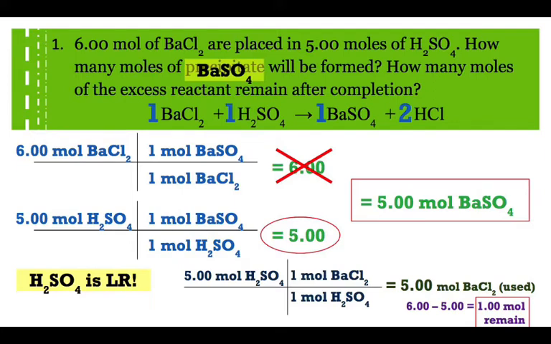Not too complicated, and you might have been able to predict that if I had less H2SO4, it was going to be the limiting reactant. But that's mostly because this was a simple mole-to-mole problem with a really simple balanced equation. These next few are going to step it up little by little, but the process is still the same.